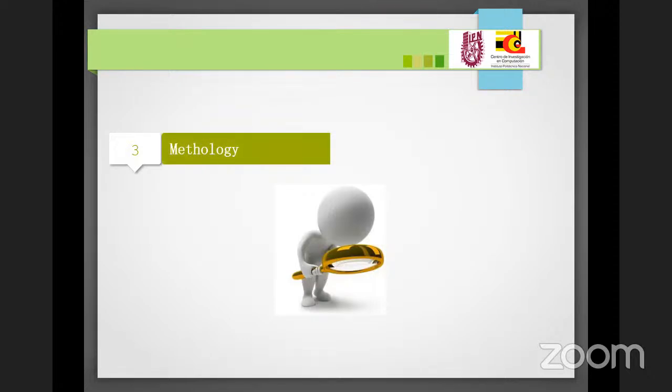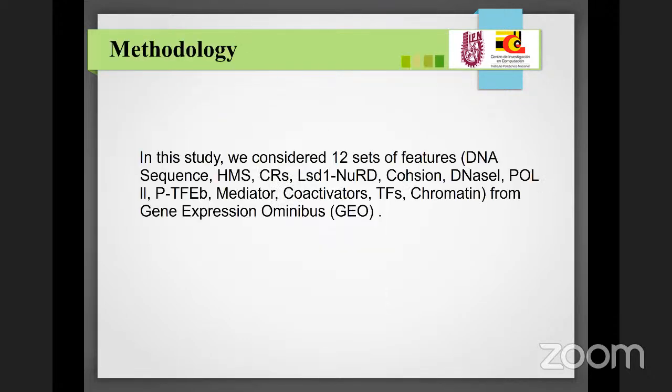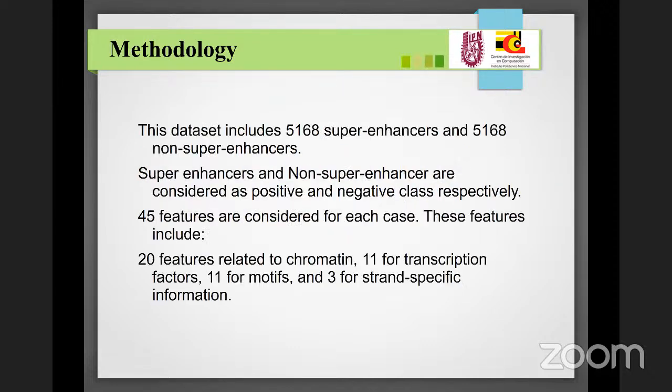But we have a methodology. In this study, we consider 12 sets of features: DNA sequence, HMS, and chromatin from GEO. This data set includes 5168 super enhancers and 5168 non-super enhancers.